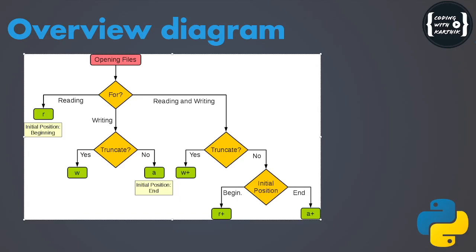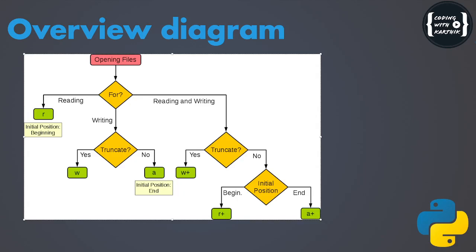Now I think you can understand this better. For reading we'll go with R mode, and the cursor's initial position is the beginning. For writing we can go with W or A mode. If you want to truncate the existing file, we can go with W mode, otherwise we can go with A mode, which means appending mode.